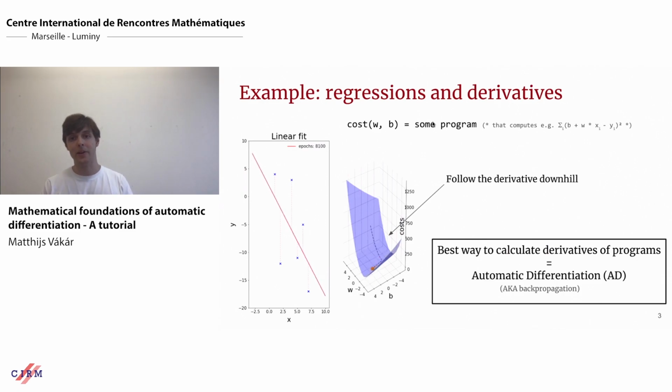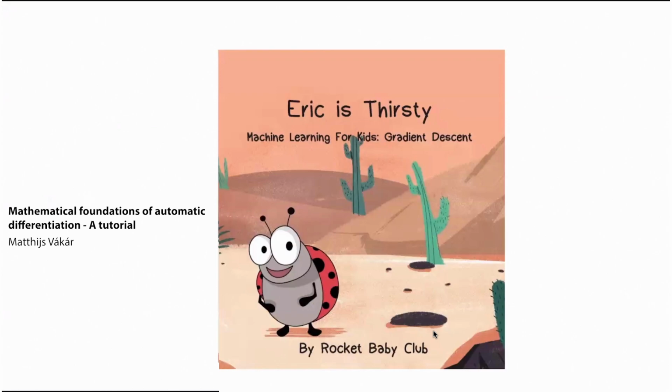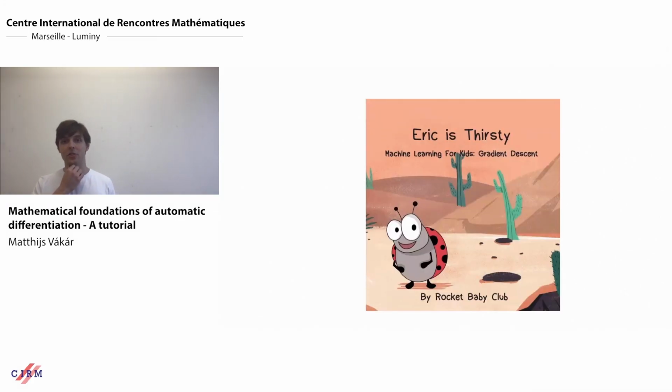They're a program. So we want to calculate derivatives of functions implemented as programs. And it turns out that the best technique we have to do that is automatic differentiation. And you may have also heard about reverse mode automatic differentiation under a different name, namely backpropagation. So that's the very, very brief motivation for this tutorial.